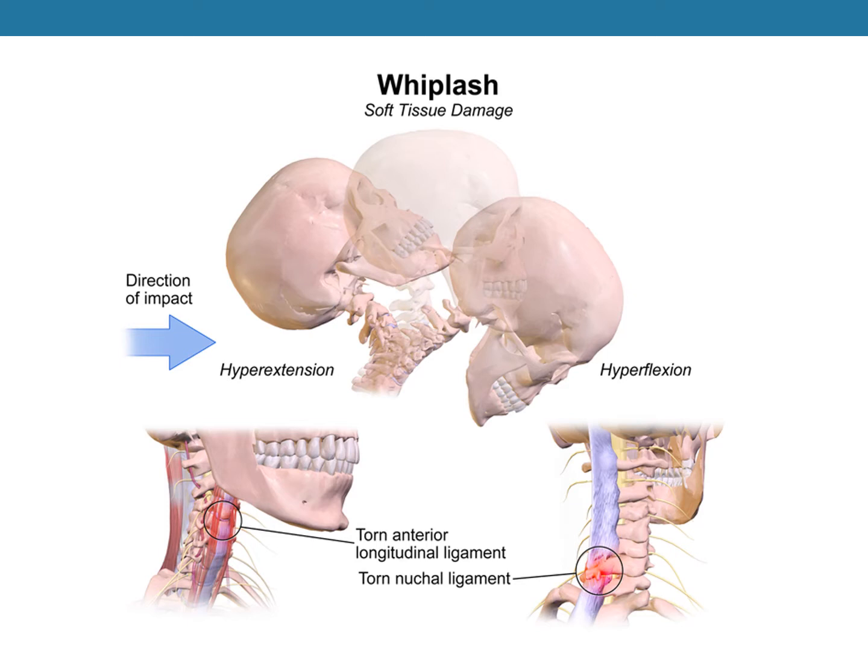Stretch injuries to the posterior structures and compression type injuries to the anterior structures in the neck. So again, there are several different structures that can be influenced by whiplash-associated disorders. These situations usually cause severe acute pain for folks, and these are patients that we commonly see in physical therapy, and we typically have to manage those acute symptoms first before we can move on in their course of care.